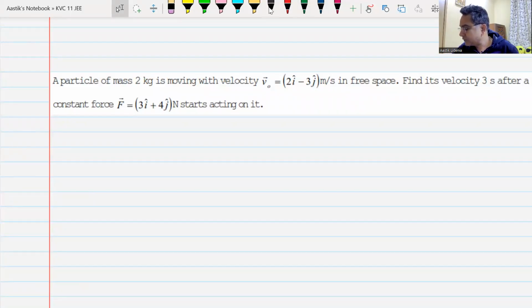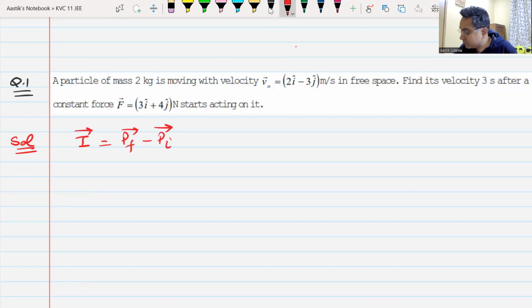So how am I supposed to do this? I don't know what you were doing, but how you need to do it is this way. Impulse is equal to change in momentum. So from there I can write the final momentum is equal to initial momentum plus the impulse. Final momentum is mass 2 into velocity v.